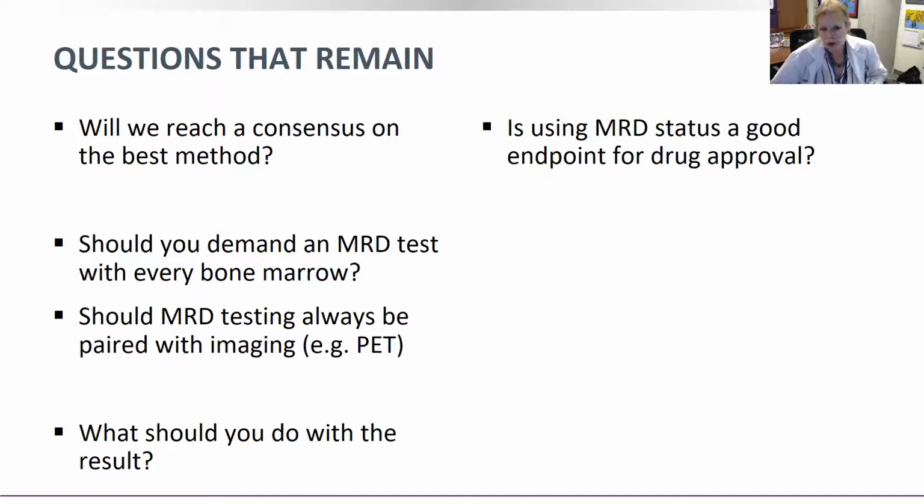But some investigators have said, this MRD stuff looks pretty good. Could we just say, if we get a drug that shows improvement in MRD negativity by, say, 25 or 30 or 40%, wouldn't that be good enough to help us get an approval for a drug? So I think people think that might be in the wings. We're not there yet. The FDA has been very clear that they want to see more data before they would offer up that kind of approval for an MRD test.